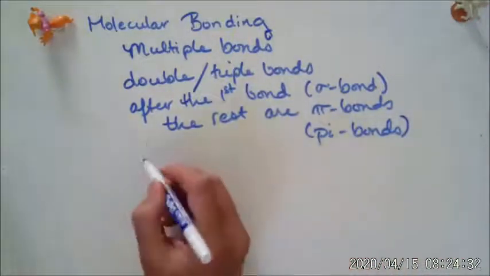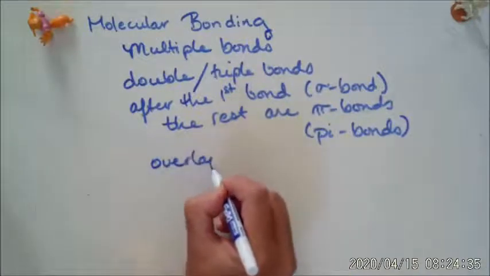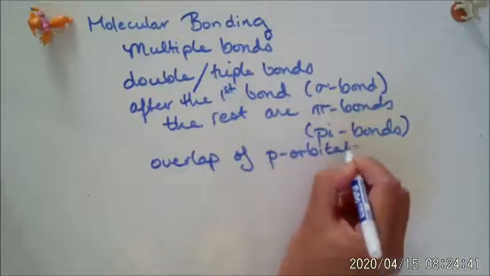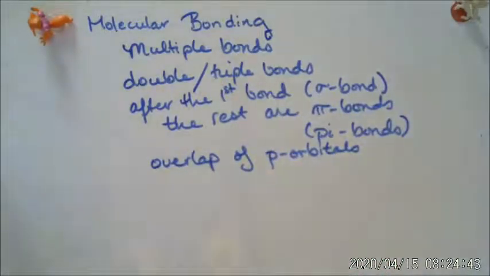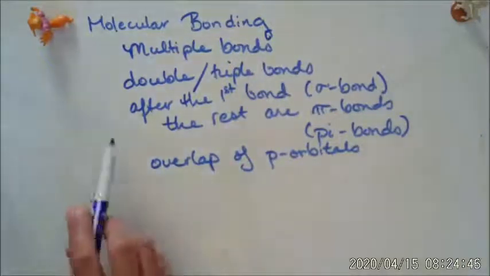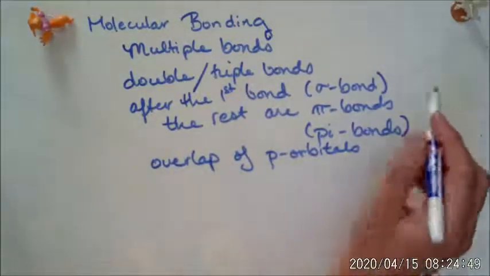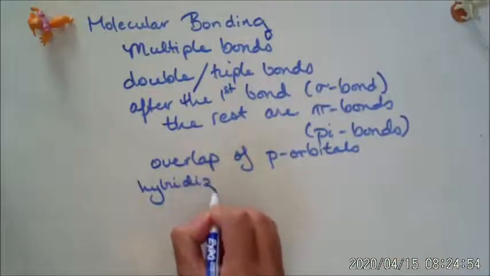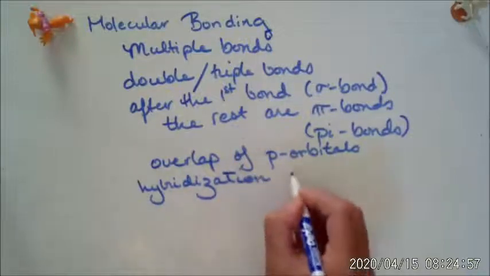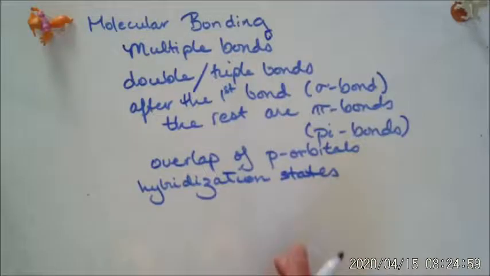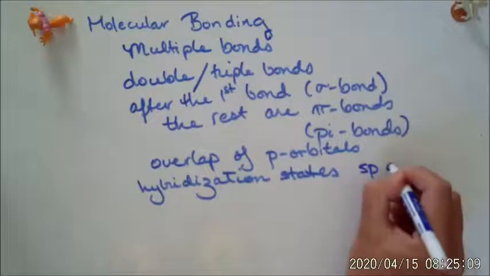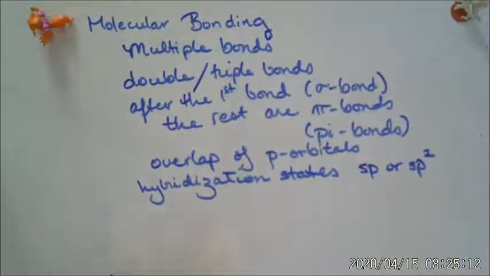And why pi? Because they are overlaps of p orbitals. So the previous structure, ethane, doesn't have any p orbitals. Everything's sp3. So when you look for double and triple bonds, bear in mind, for the hybridization state, we're looking at sp or sp2. You can't have pi bonds with sp3.